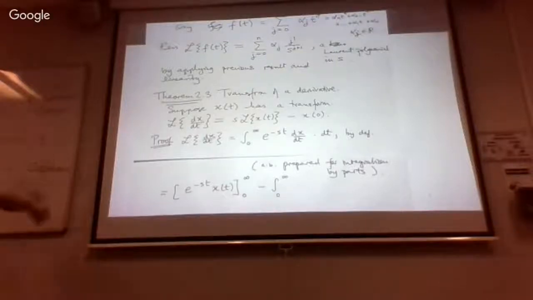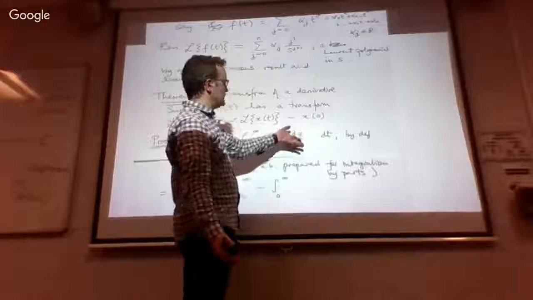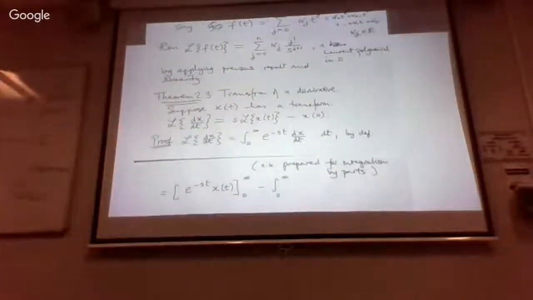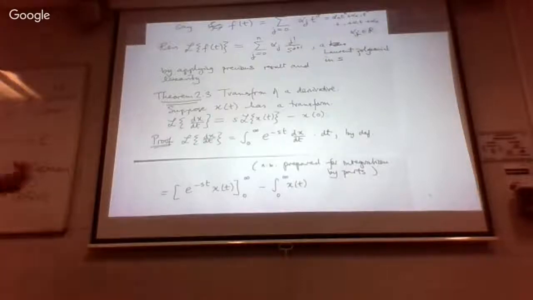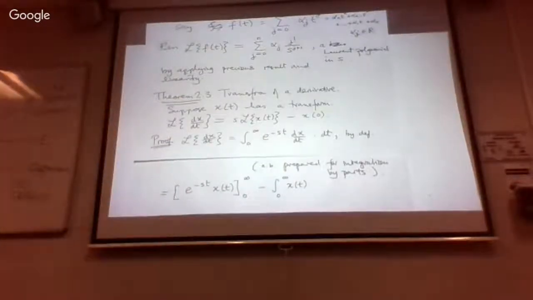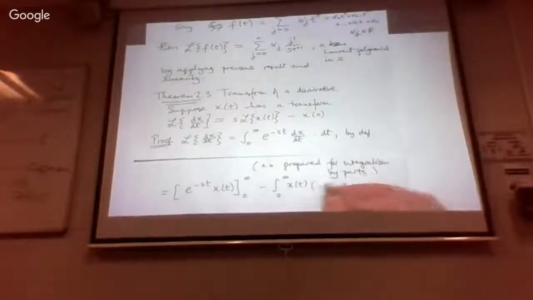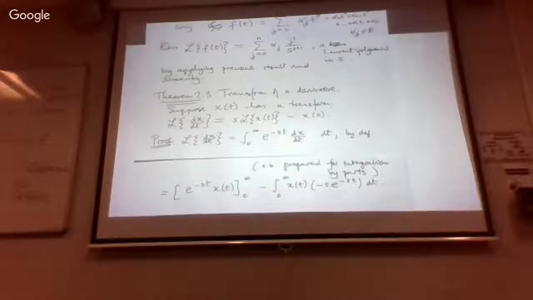In the second integral, you take this factor undifferentiated, the x of t, then multiply it by the derivative of that first factor. That's how you operate integration by parts. The derivative of that with respect to t is minus s e to the minus st, and that's all integrated with respect to t.